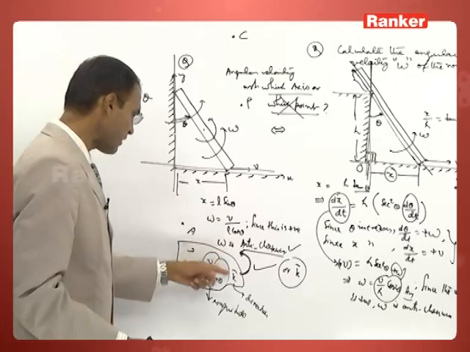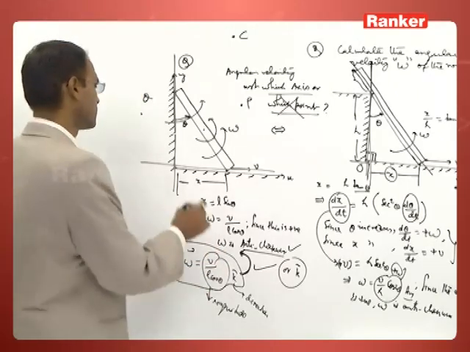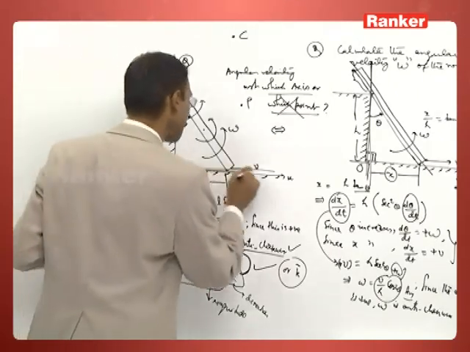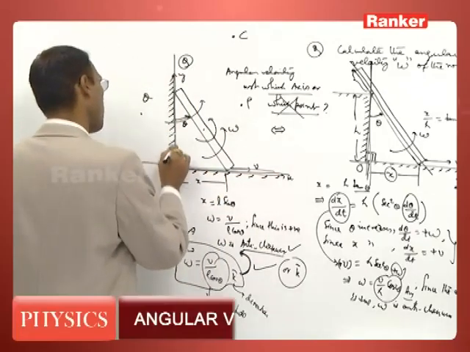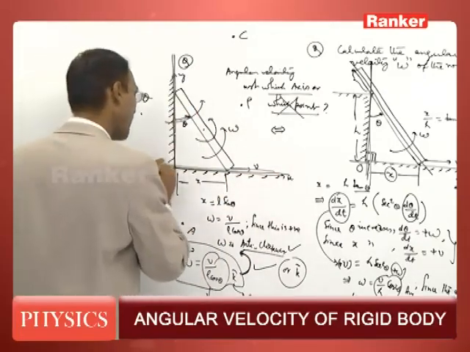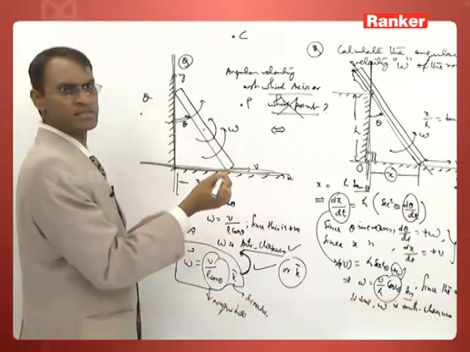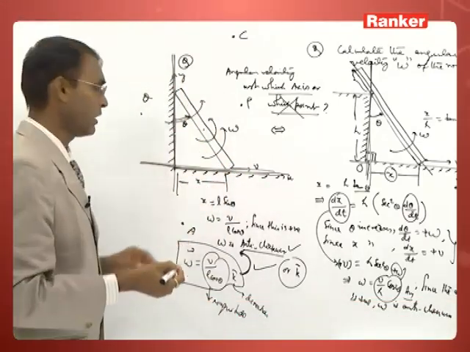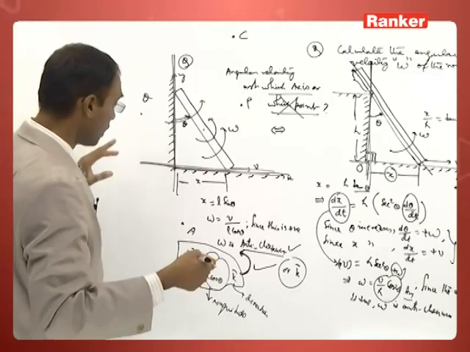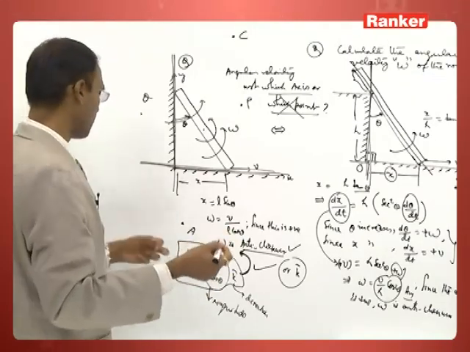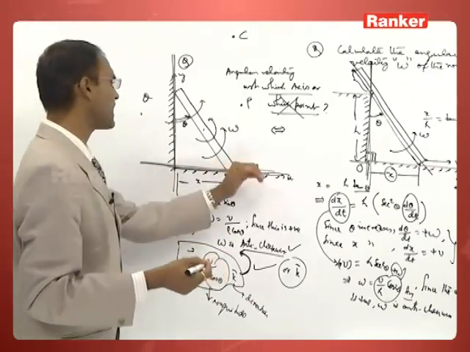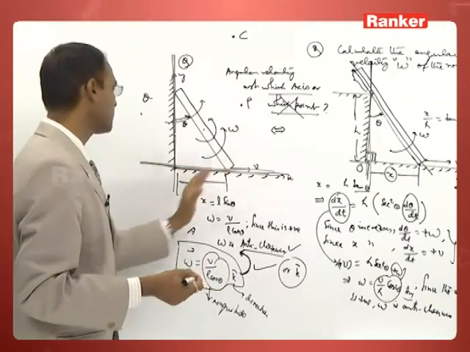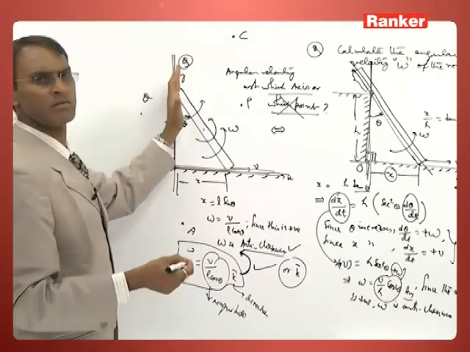And the component of the angular velocity of the rod along x direction is 0, along y direction is 0. There is no projection, no component, no part of this angular velocity of the rod along x direction or about x direction, along y direction or about y direction.